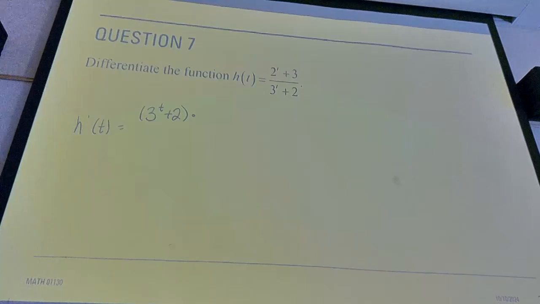Then it'll be 2 to the t plus 3 times what? Three to the t ln 3. Simplify that.